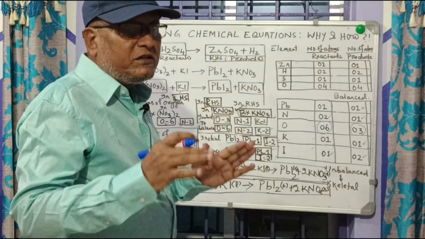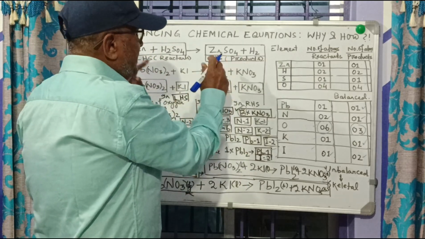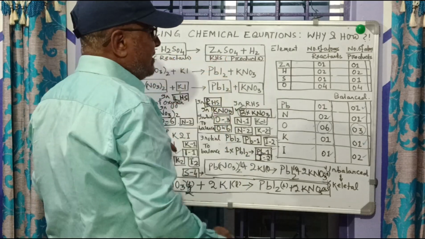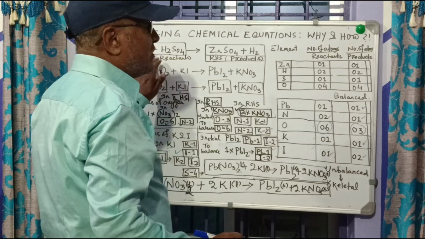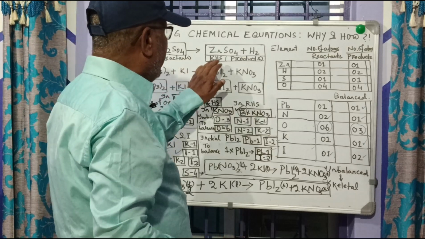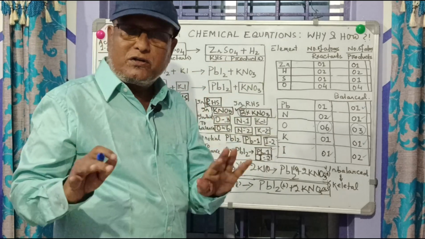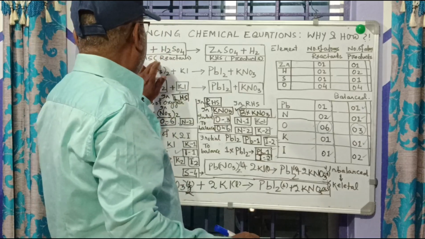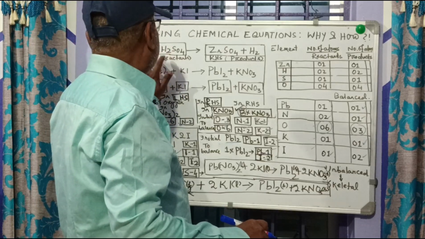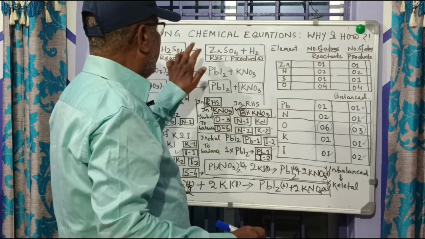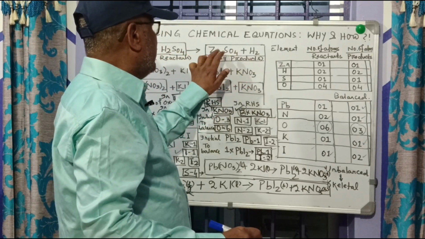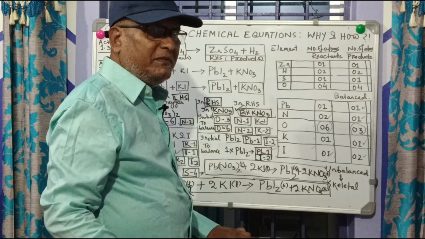So let us discuss. A chemical equation has two parts. The left side is called reactants and the right side is called products. You see here two reactants, zinc and sulfuric acid. Here two products, zinc sulfate and hydrogen.